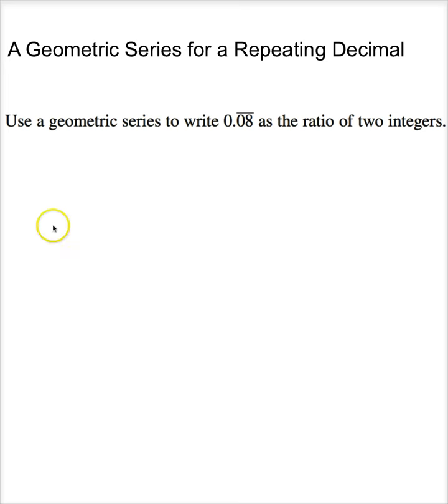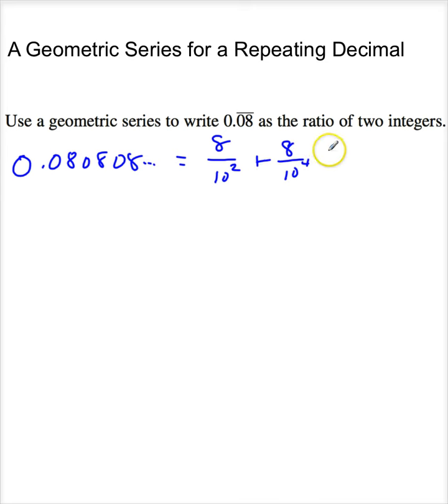In order to do that, what I want to do is rewrite my repeating decimal, 0.080808, as 8 divided by 10 squared plus 8 divided by 10 to the 4th plus 8 divided by 10 to the 6th plus etc. So basically, we're going to rewrite this repeating decimal as a sum as n goes from 0 to infinity.